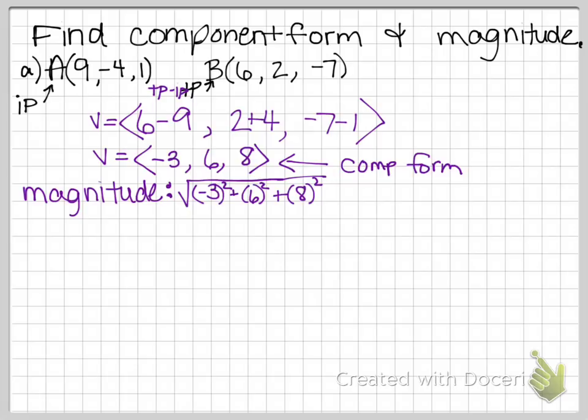So we've got 9 plus 36 plus 64, which is going to give us 109. So we got the square root of 109 for our magnitude of V right here. Neato.